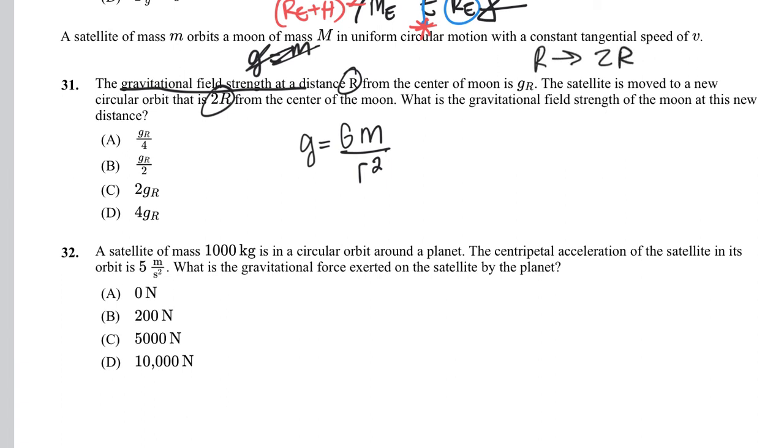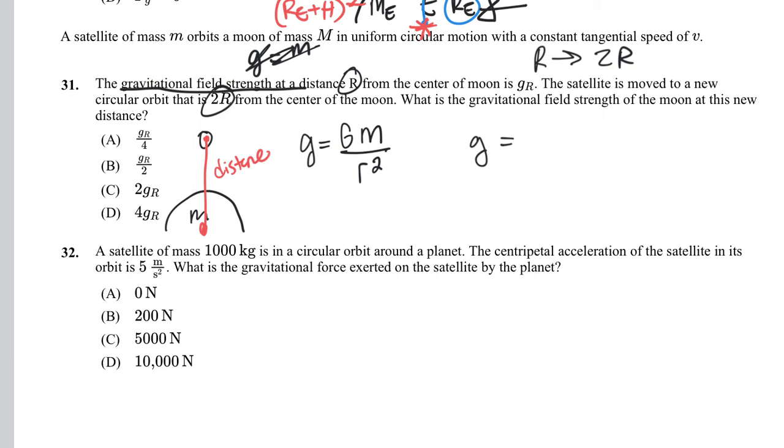So r to 2r. Oh sorry, it's a moon, so it doesn't really matter. It's a satellite orbiting a moon, so this distance between the two, remember, is going to be center to center. So let me just label it as distance.